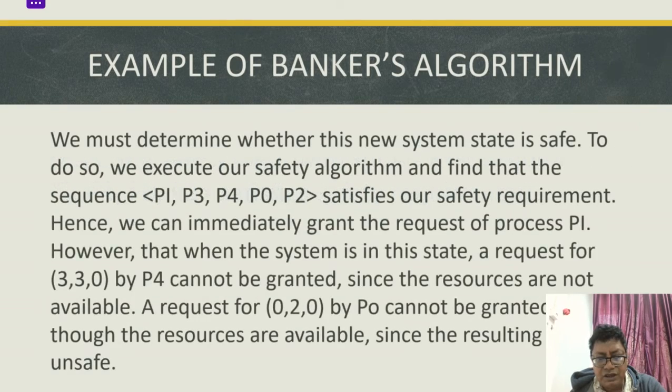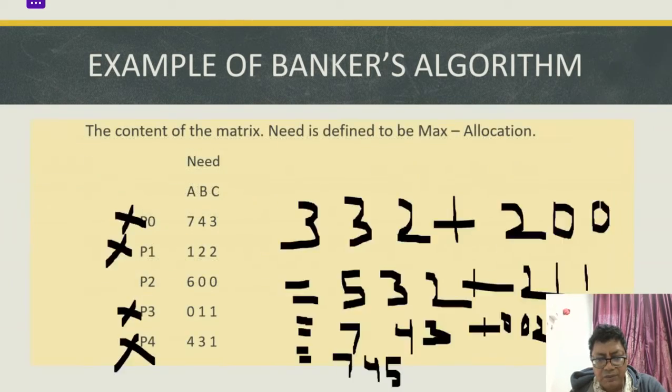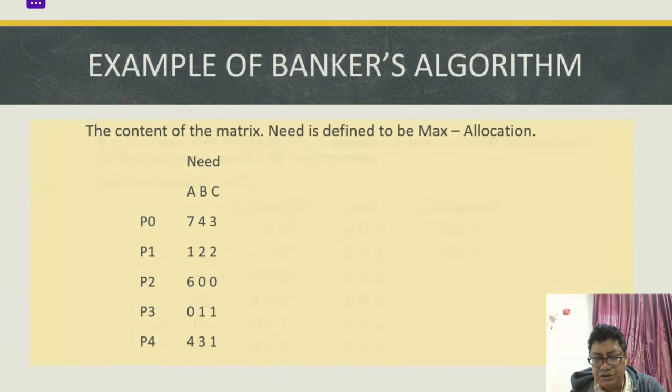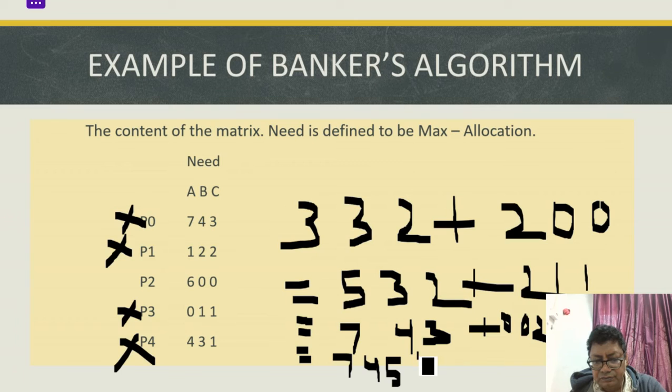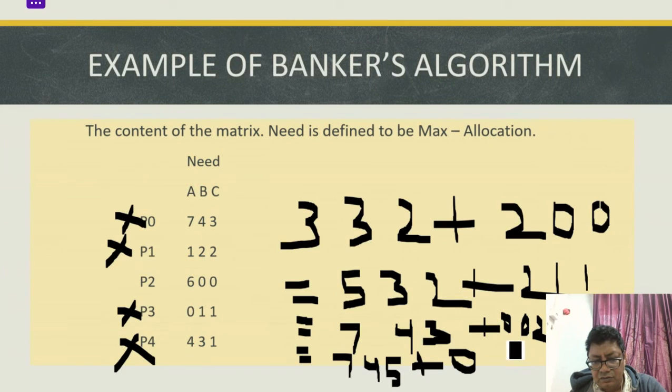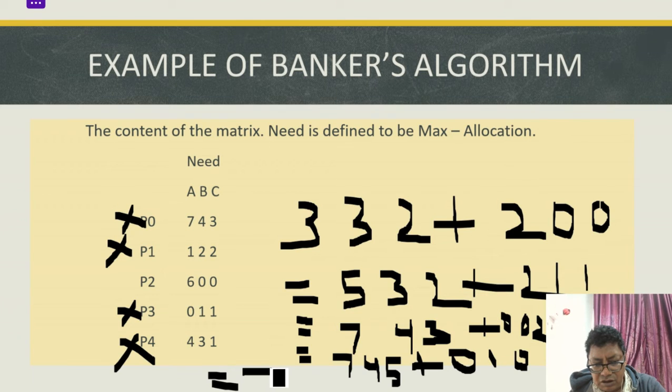So definitely once again, P0 releases 010 amount of resources. So what is your current value? 7, 5, 5.